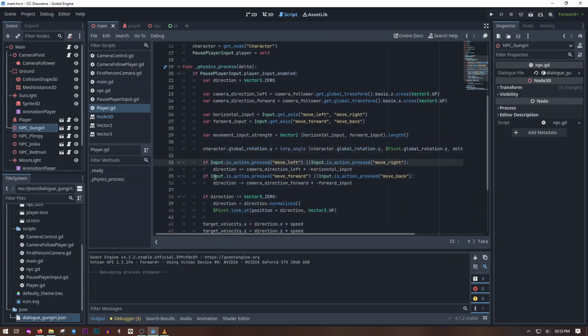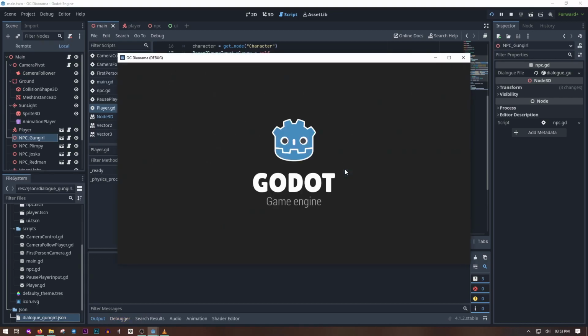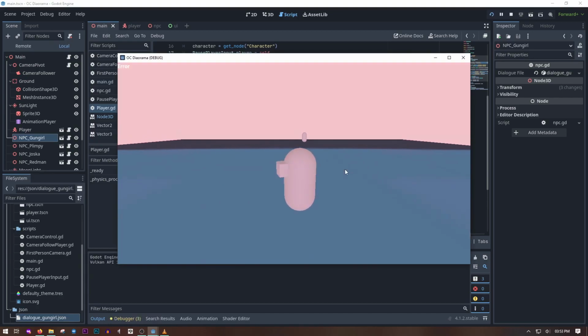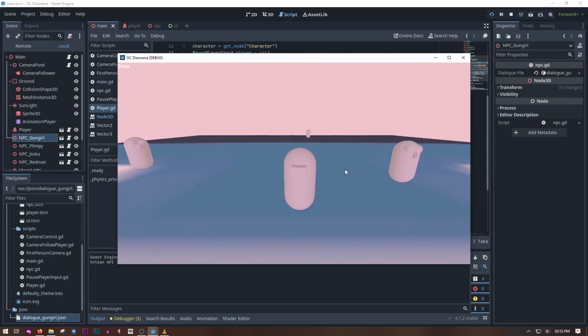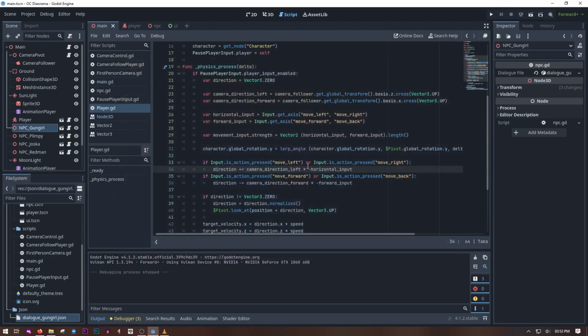So if input in the physics process still, if input is action press move left, or, so I think this is or. I'm gonna do that and see what happens. Yeah, it's the same thing. So that's like the two straight lines, the two, what are they called?